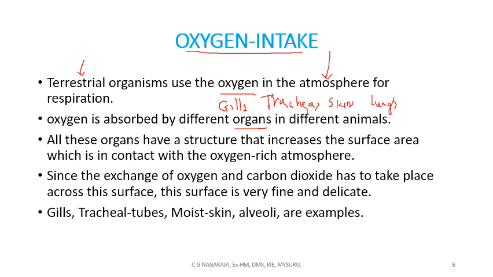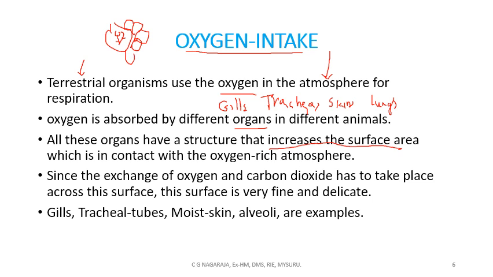Now, alveoli help in the increase in the surface area, because oxygen will have to enter and it will have to fill up the area. Oxygen entry will take place here in the alveoli, and such alveoli will be present in our lungs in plenty.